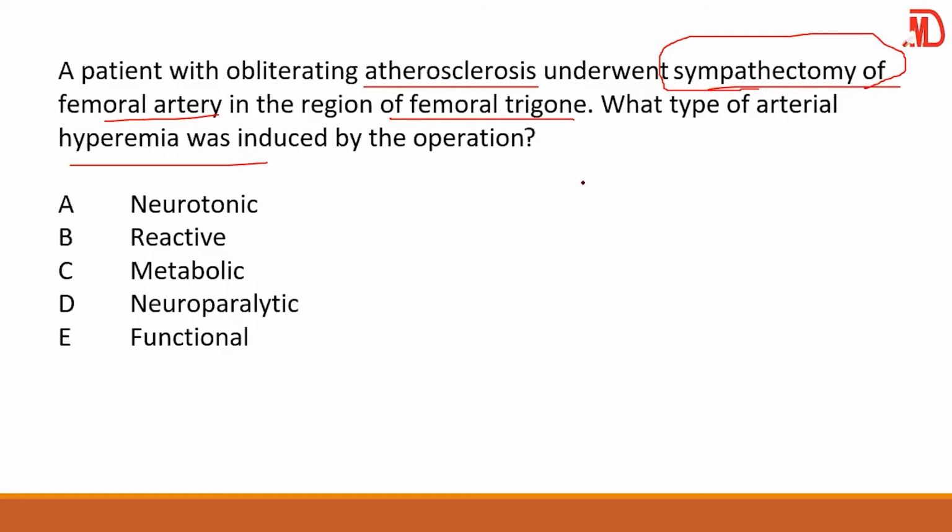So what comes into play? Of course, paralytic. So this was neuroparalytic hyperemia. Again, sympathectomy means the removal of the sympathetic system. So here you are thinking of D.